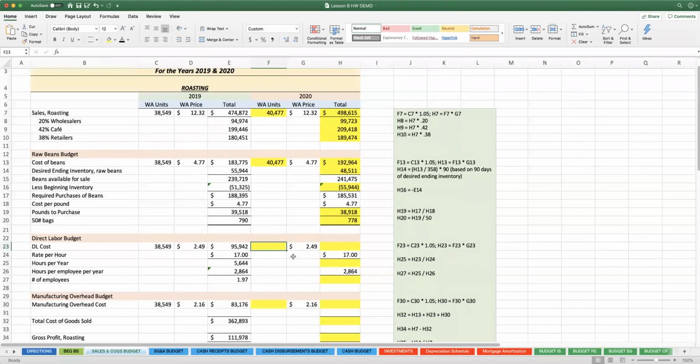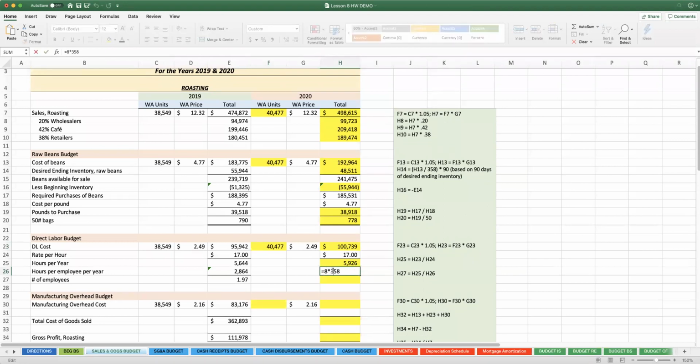This is the direct labor component. So again, you've got the prior quantity times the increase. And this came from the assignment you did last week and the one before that. So you just multiply across. And if you remember, the wage rate was $17 an hour. So you just divide by 17. And then this number is how many hours one employee would work per year.